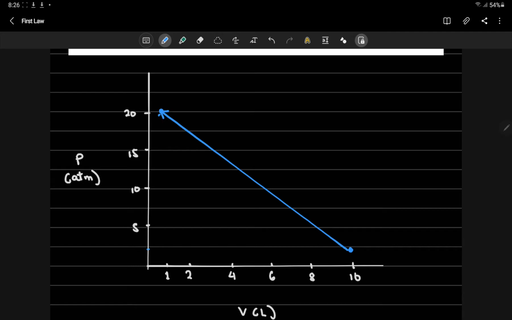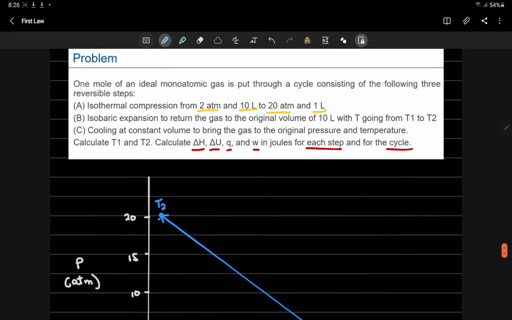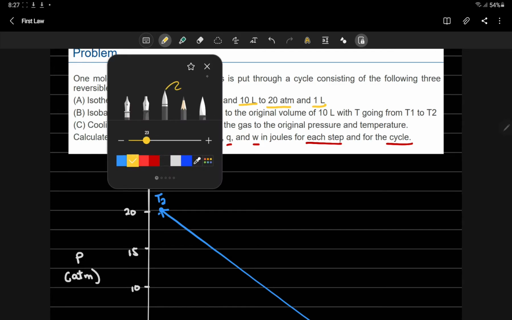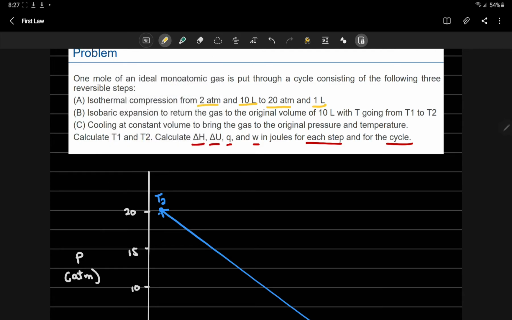Okay. Now, we will be able to solve for the temperature at this point. So, we will call it T1. And the temperature here at this point is T2. Okay? Now, the second step is isobaric expansion. So, it is an isobaric expansion to return the gas to the original volume of 10 liters.